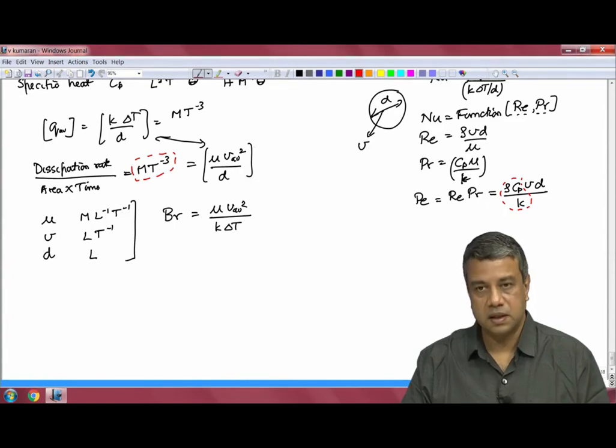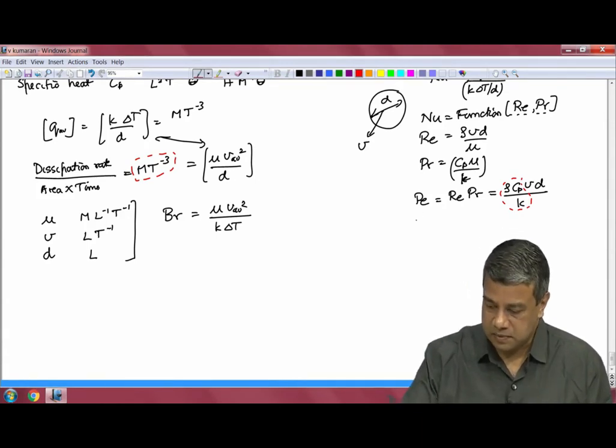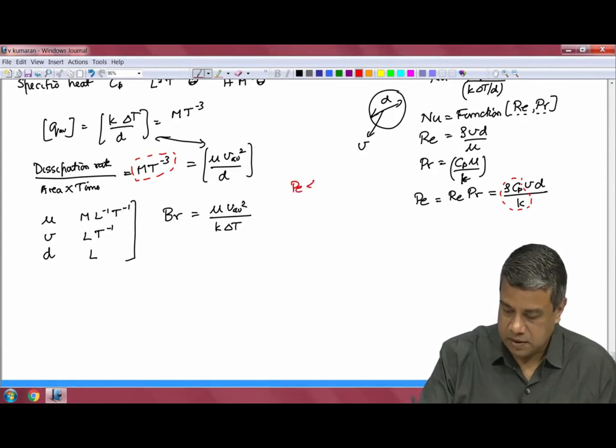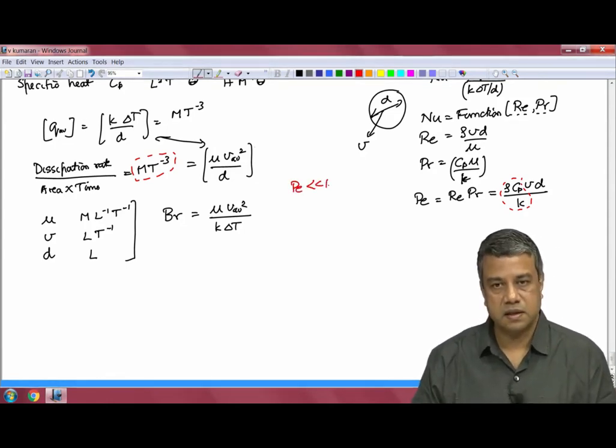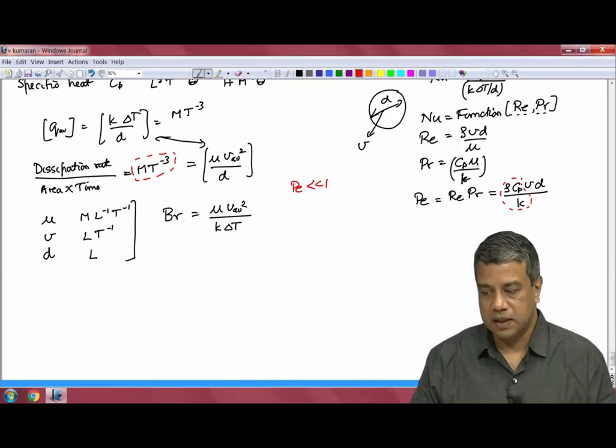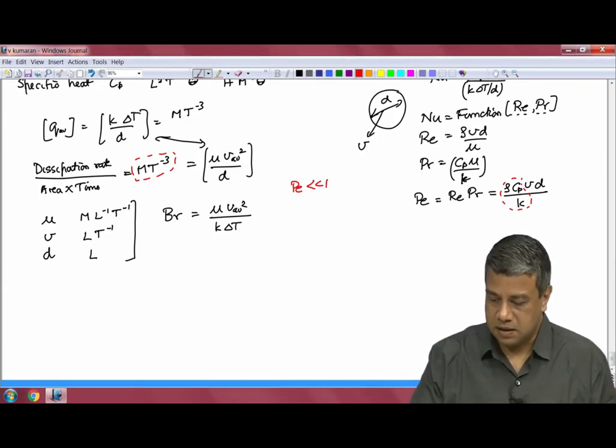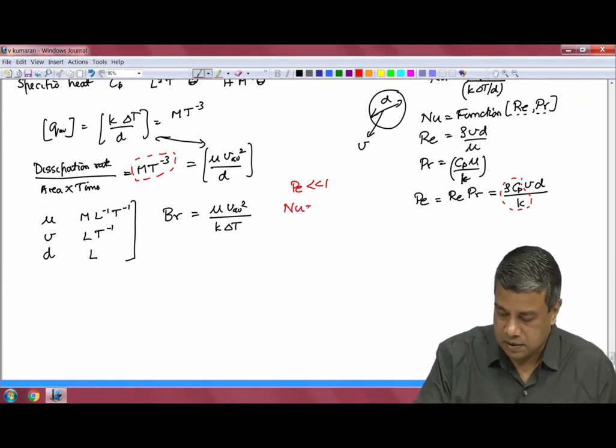If this Peclet number is small, that means that convection is much smaller than diffusion. If the Peclet number is much smaller than 1, then convection is much smaller than diffusion. And in that case, the Nusselt number has to be equal to a constant.